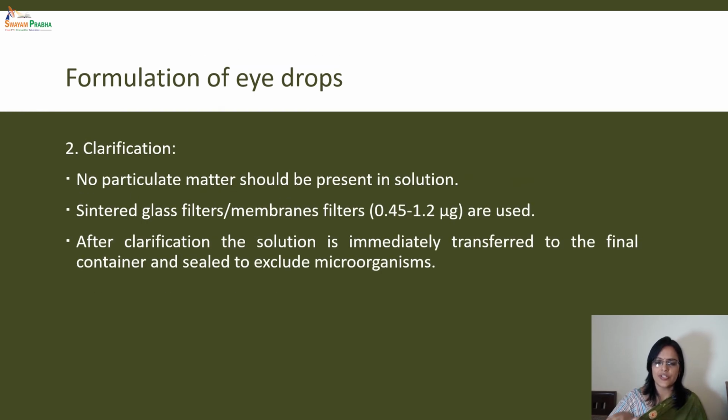Second is clarification. The effort should be made to make a clear, transparent solution with no particulate matter present. Sintered glass filters and membrane filters are used for clarification of the solution.